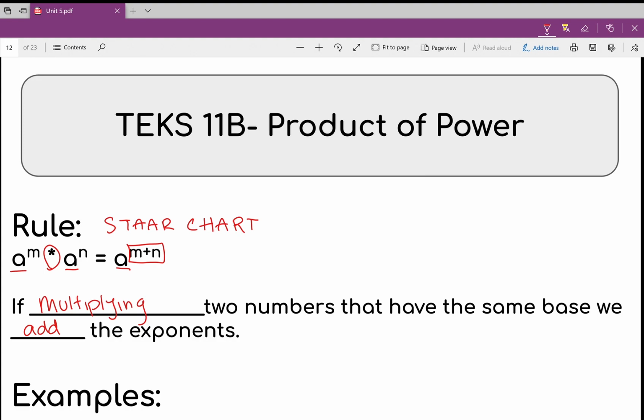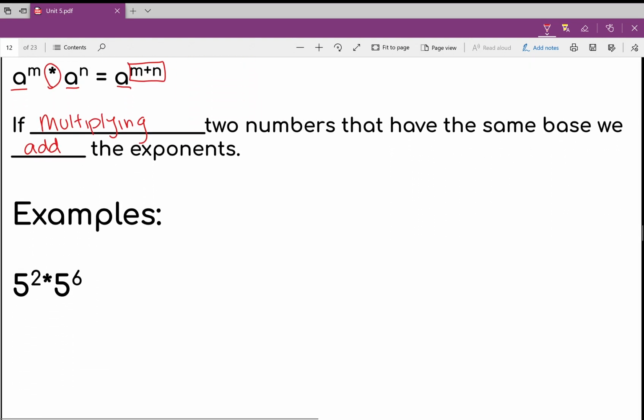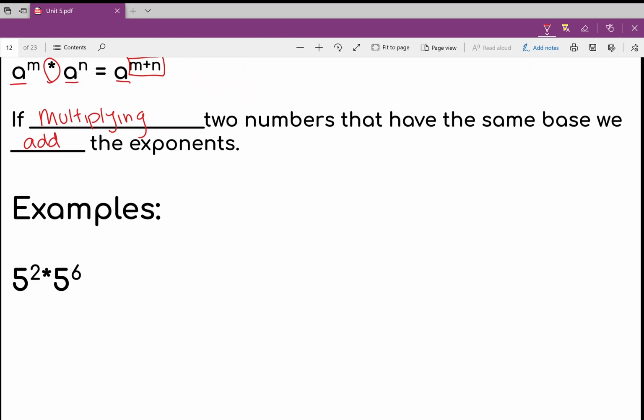So let's look at some examples. Example 1 says 5 squared times 5 to the 6. So let's first see if we have the same base. We have a base of 5 and another base of 5. So that means we have to rewrite that base.